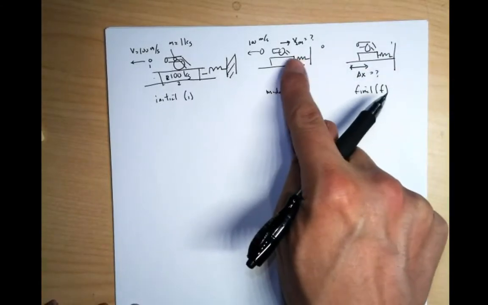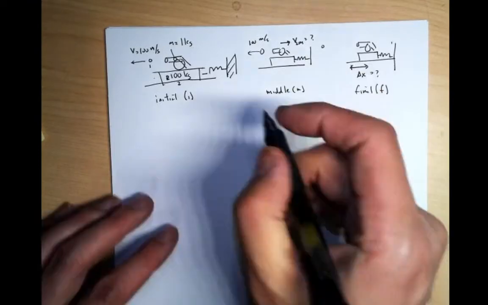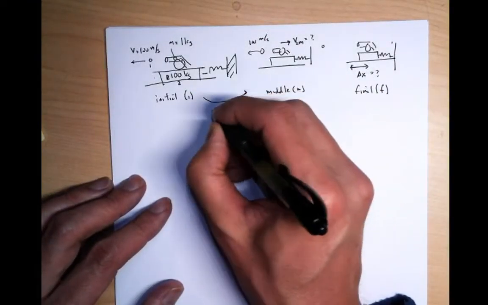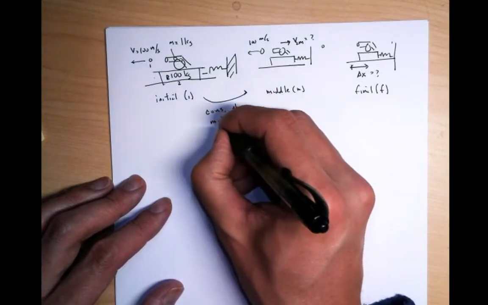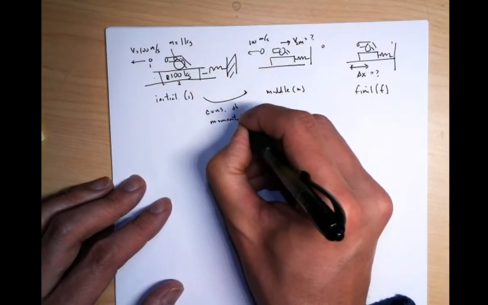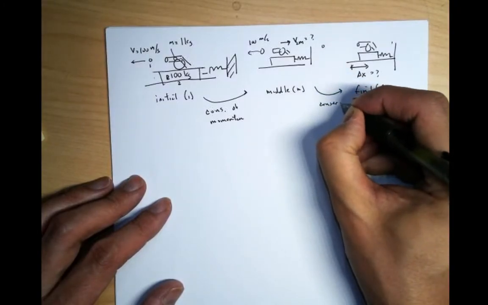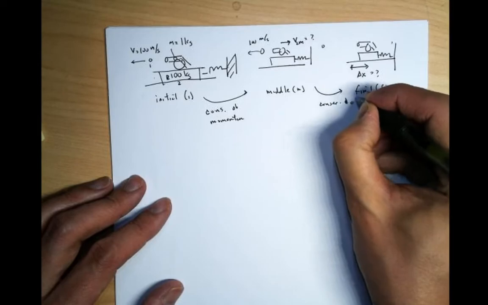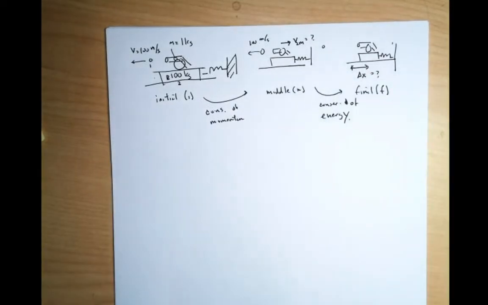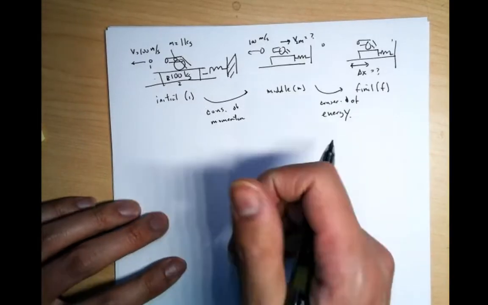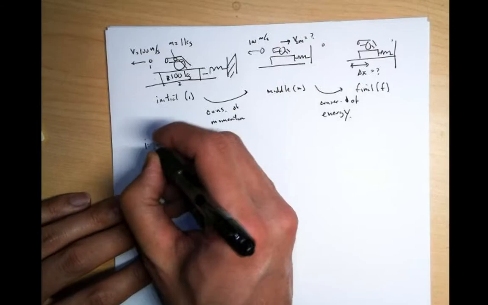So I have to figure out what the velocity is here, and then from that figure out this. From here to here is conservation of momentum. Here to here is conservation of energy. So I do two conservation laws at once. So let's just do it. The first one is the initial state.